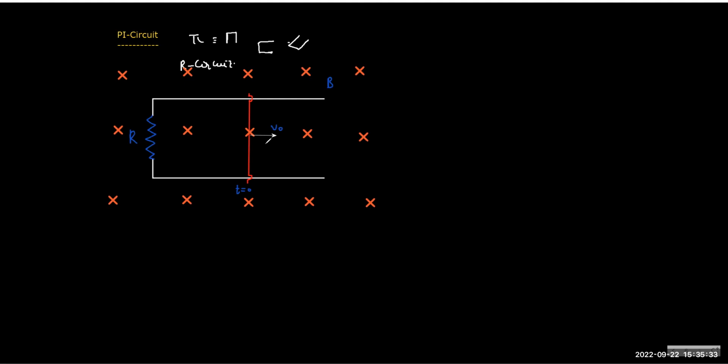Assuming that the rod has no internal resistance, every rod moving with velocity v, if it is a cross field, v cross B will be upward. So this is a cell of EMF vBL.